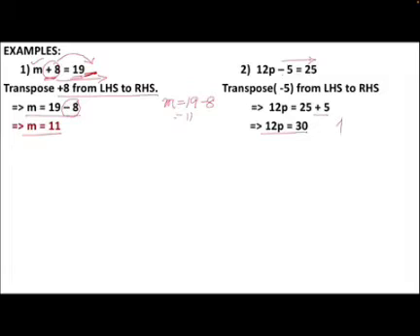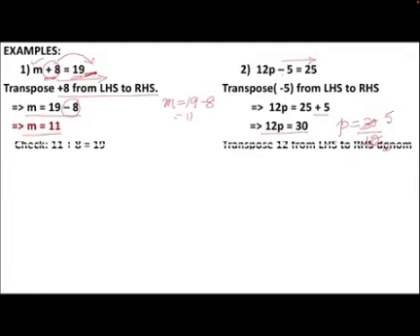So here m becomes 11 and here 12p equals 30, but we want p, not 12p, is it not? Then our p becomes 30 divided by 12. You can simplify this as 6 2s, 6 5s. Okay. So here you can check 11 plus 8 is 19. Here now transpose 12. Children, remember 12 is transposed from LHS to RHS denominator.